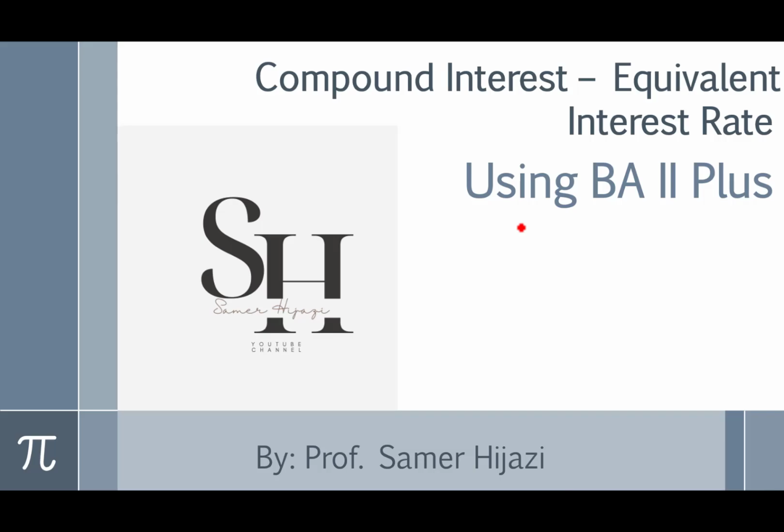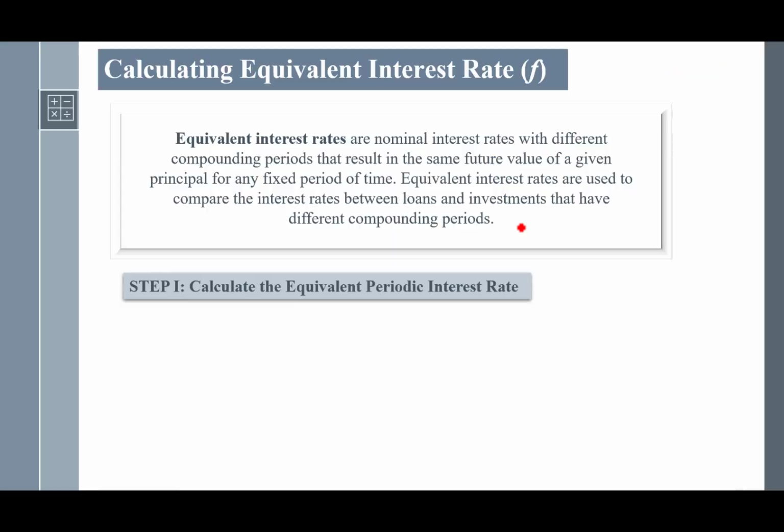The BA2 Plus calculator uses the effective interest rate to find the equivalent interest rate. So what's the equivalent interest rate? Similar to finding the effective interest rate, which was the interest rate compounded annually, we're looking for the interest rate compounded at a different compounding period than the given interest rate.